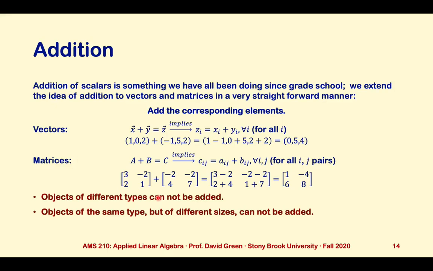We wouldn't be able to add them using these rules, because if we tried to, there would be some elements that didn't correspond to one another, that didn't have the same row or the same column. So this is the rule for how we perform addition of matrices and vectors. This is something that most students, again, tend to find fairly straightforward.